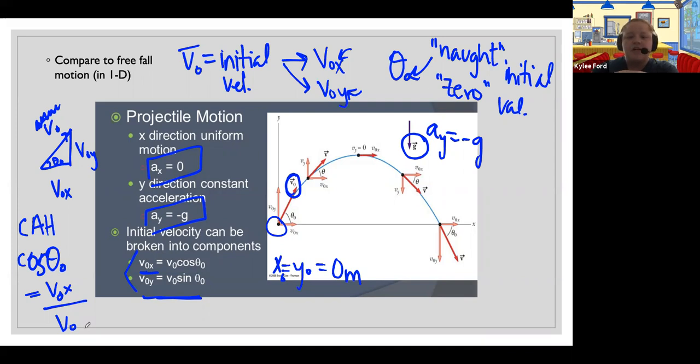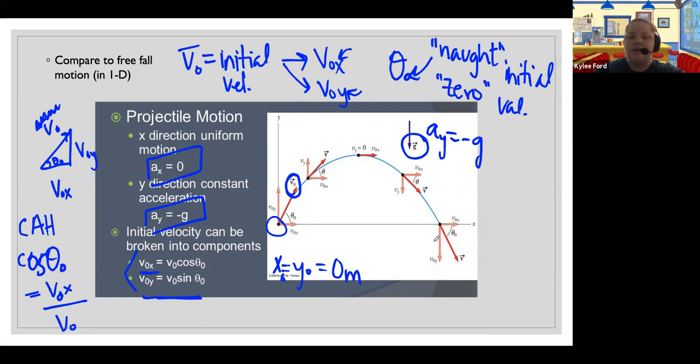So that was kind of a lot, but we will continue here. That is just our initial condition. As this ball or whatever the object may be moves along, we can do the same thing again.